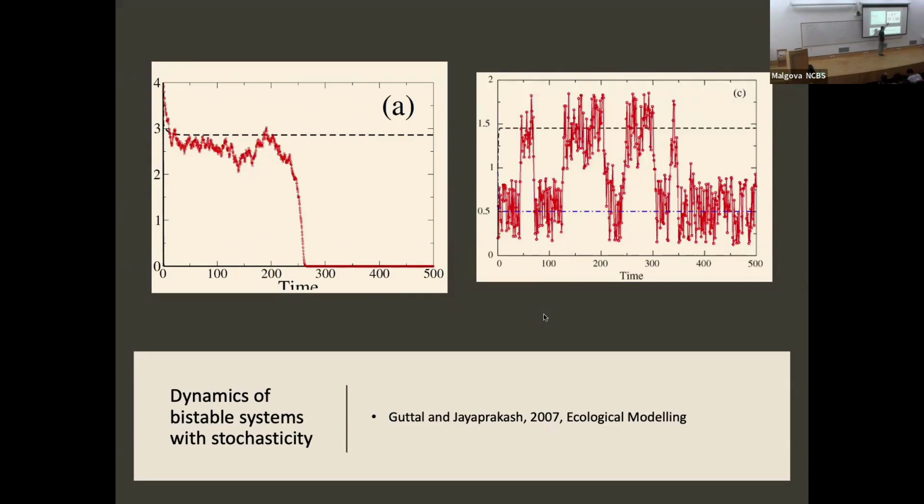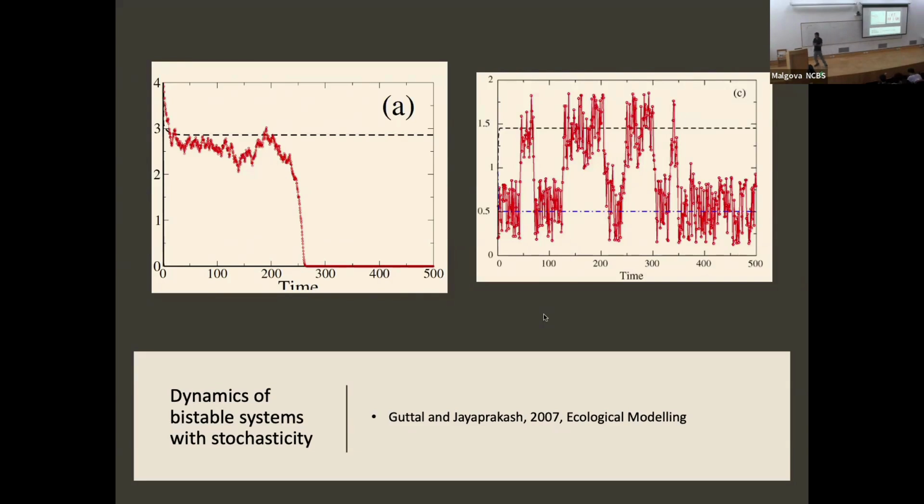The other one would be that you keep going back and forth between the stable equilibria. That's similar to saying this ball is going back and forth between the two minima.